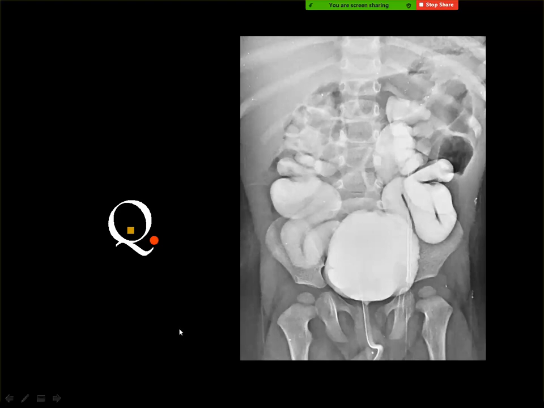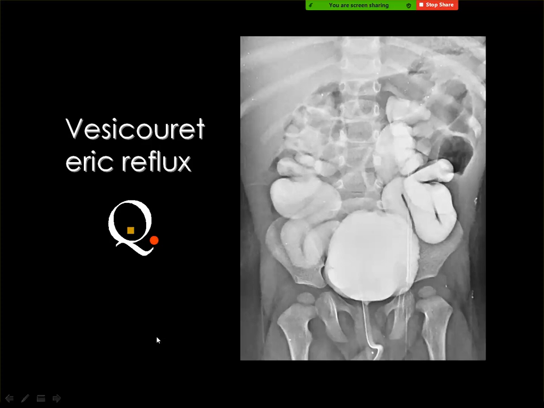Bilateral reflux. Yes, grade 5. And this is bilateral grade 5 vesicoureteric reflux. You have severe dilatation and tortuosity of the ureters with distension of the pelvicalyceal system.